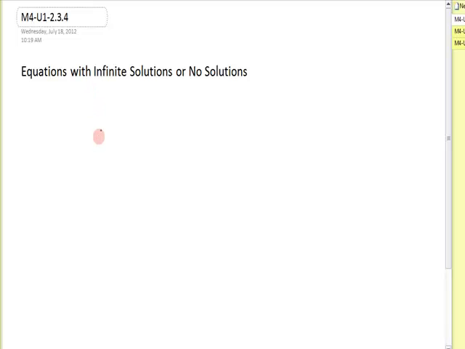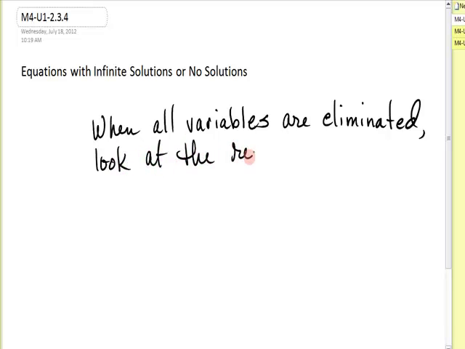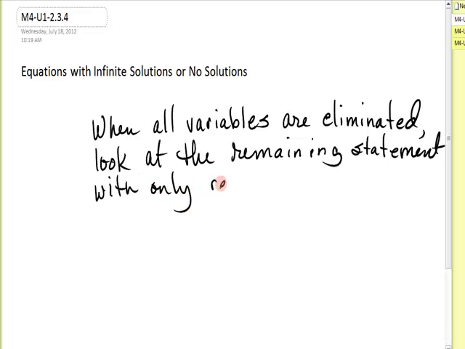So remember, when all variables are eliminated, look at the remaining statement with only real numbers.